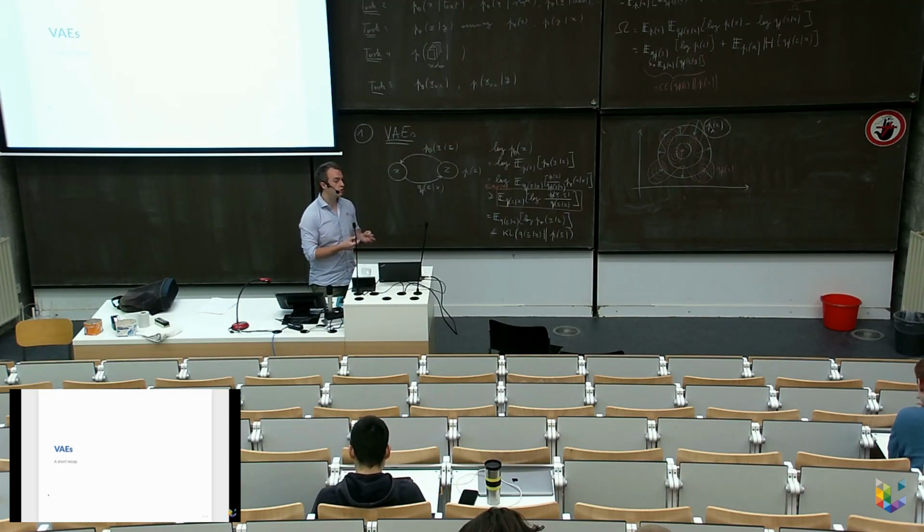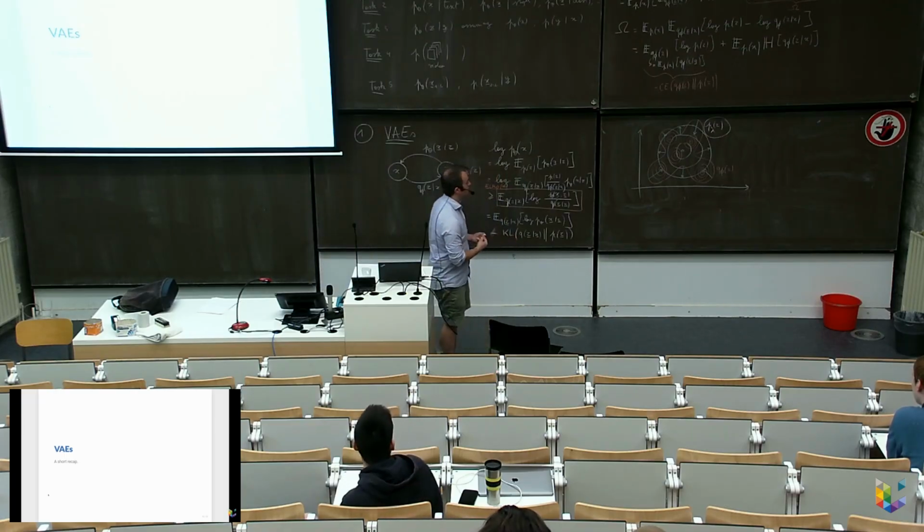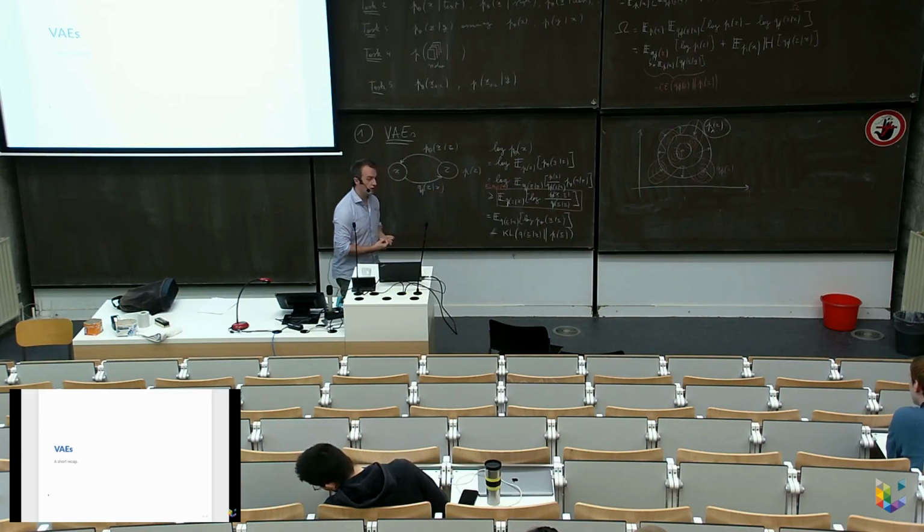Okay, so maybe we should use something which can learn a good distribution directly by itself. Haven't we seen something like this? Yes? Yes, but the neural network would be used how?